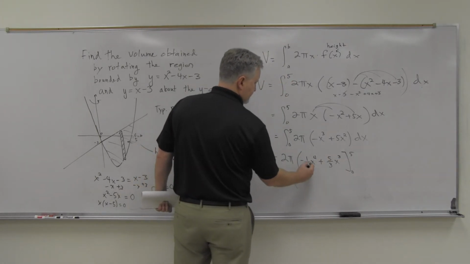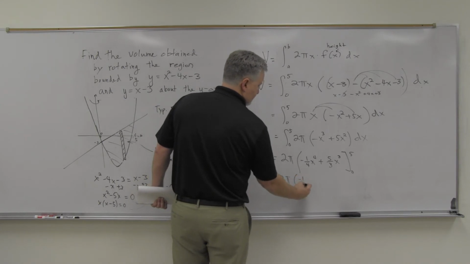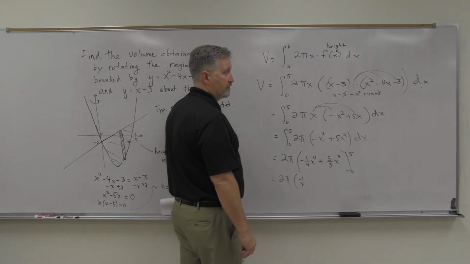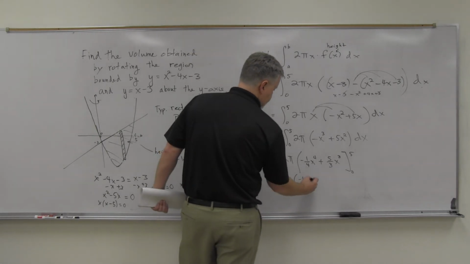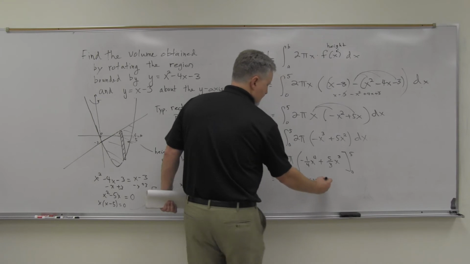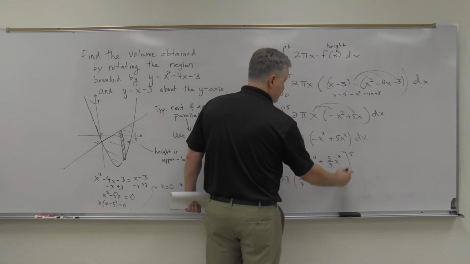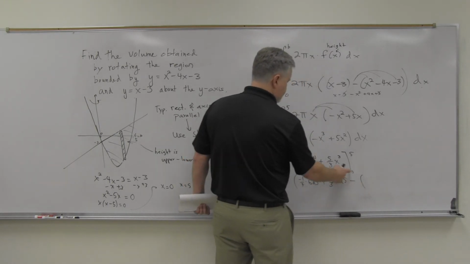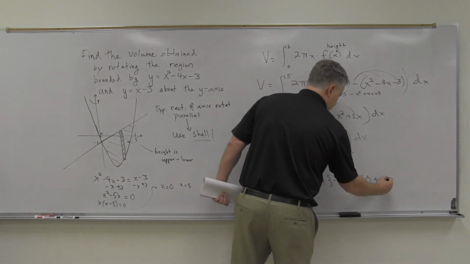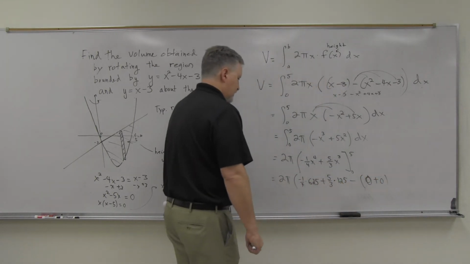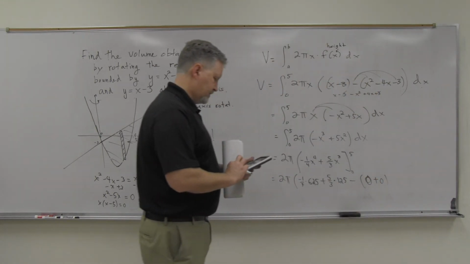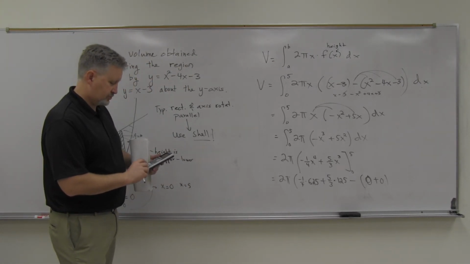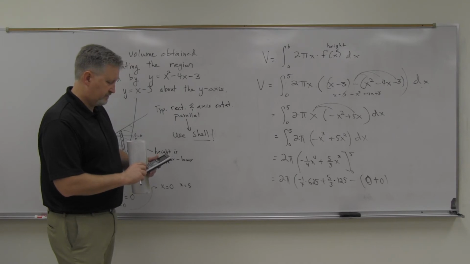That's 2 pi times negative 1/4, 5 to the 4th. 5 to the 3rd is 125, so 5 to the 4th is 625. And then 5/3 times 5 cubed would be 125. And then zeros are going to give me zeros, so that's good. Negative 625 over 4, plus 5/3 times 125.